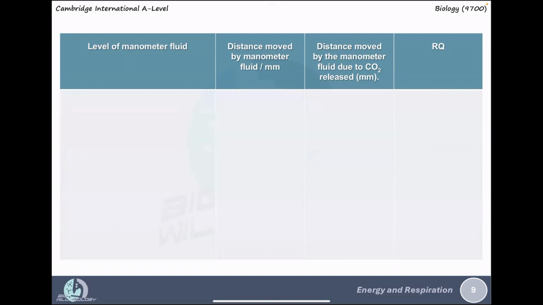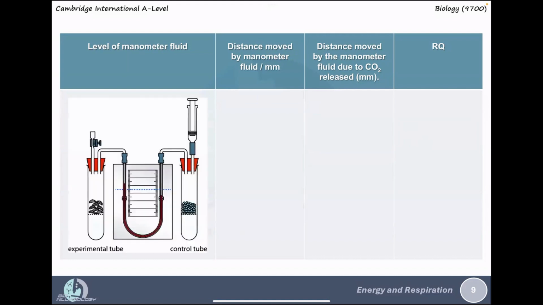Let us look at the second possible outcome. In this case, we can see that the manometer fluid now moves towards the experimental tube, with a distance of Y millimeter. Can you see that? Y millimeter, towards the experimental tube. But what is the distance moved by the manometer fluid due to the CO2 release? If you look at this apparatus, we need to do some simple calculation. Go back to our assumption that these organisms carry out the same rate of O2 consumption.